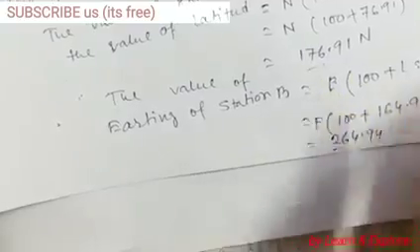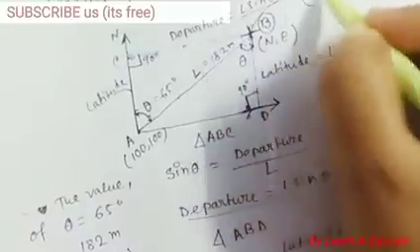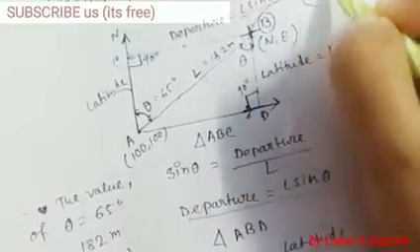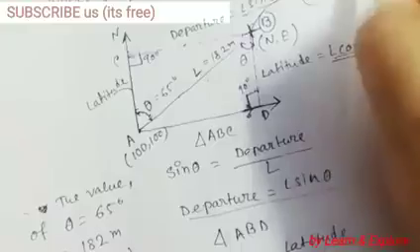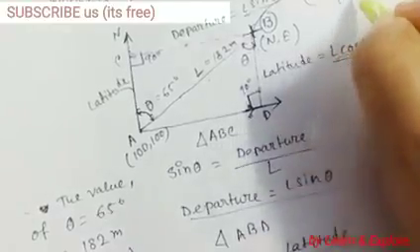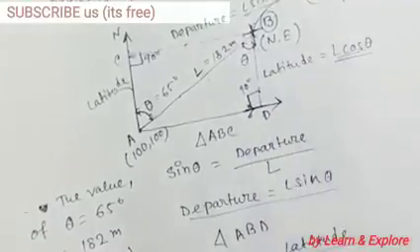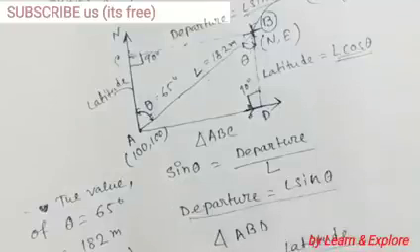So this is our coordinate value of station B: easting 264.94 and northing 176.91. In this method we can find out the coordinate of an unknown station with the help of a known coordinate station.